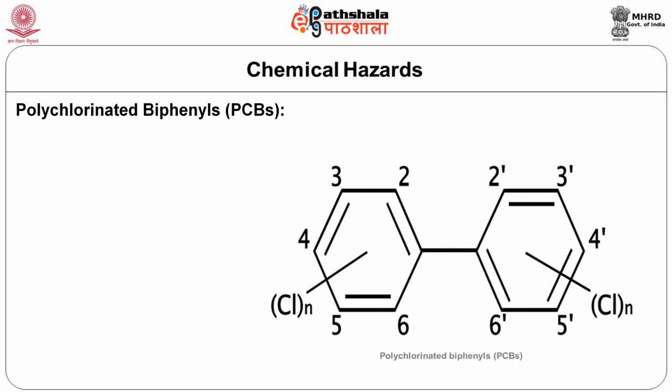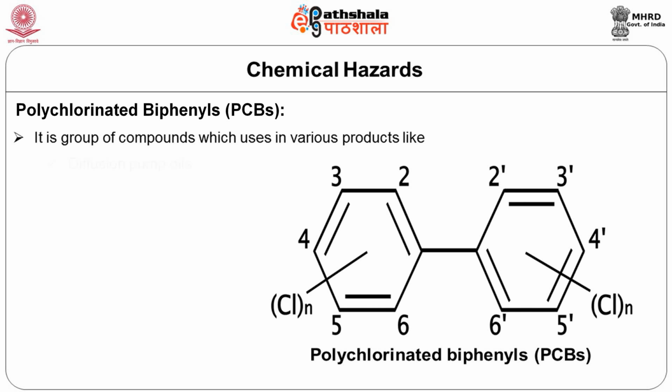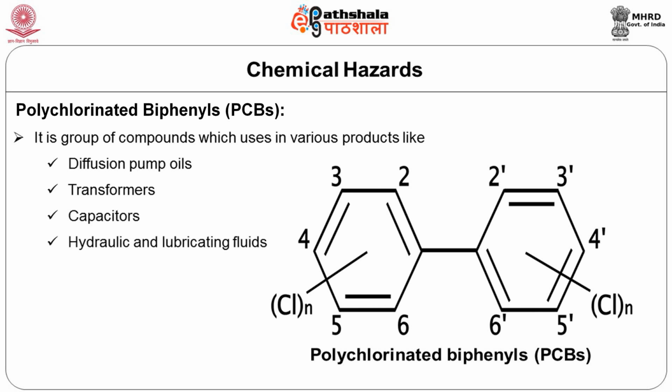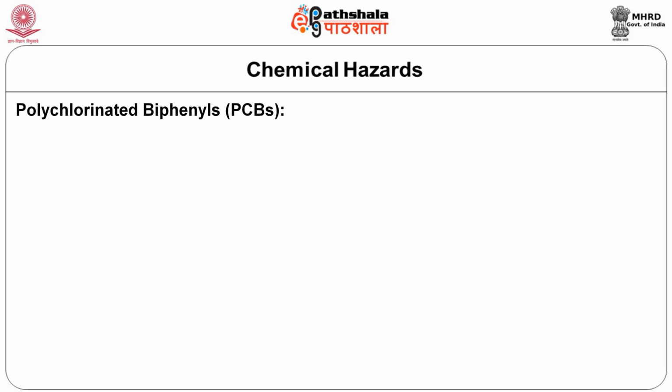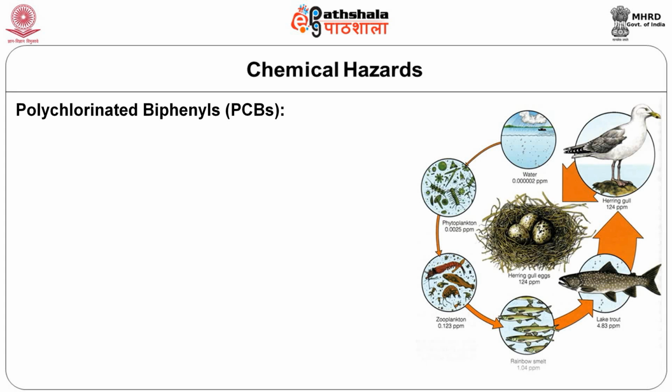Another class of environmental contaminants is polychlorinated biphenyls. These are a group of compounds which are used in the production of various products like diffusion pump oils, transformers, capacitors, hydraulic and lubricating fluids, flame retardants, paints, adhesives, plasticizers, etc. They end up as environmental contaminants because of use in these industries.